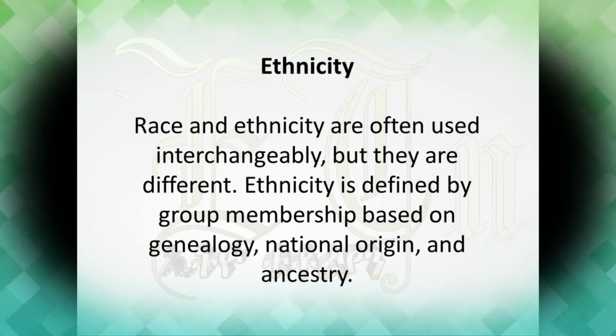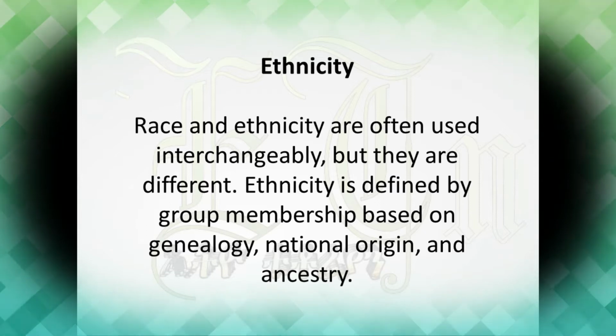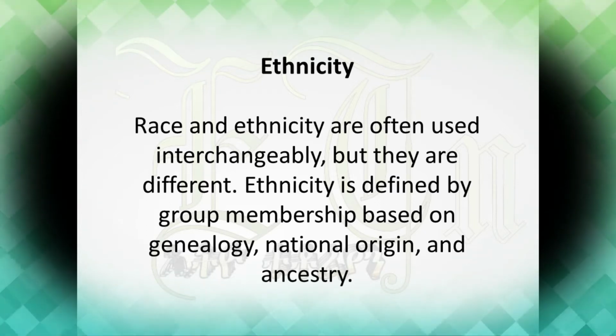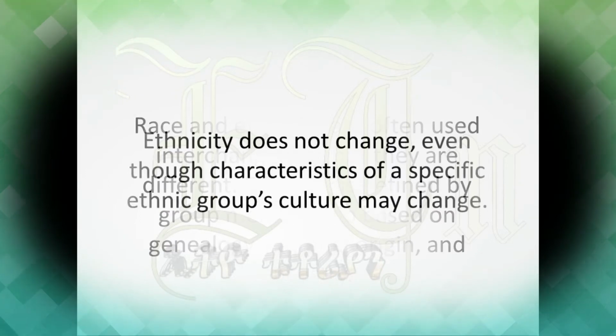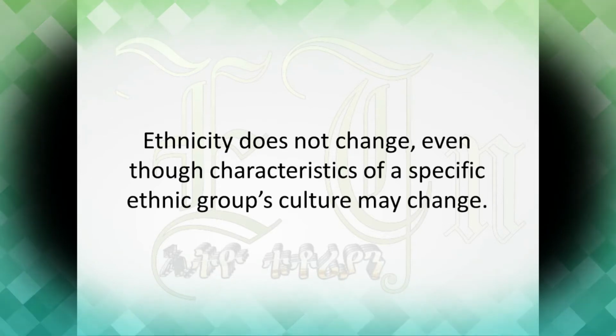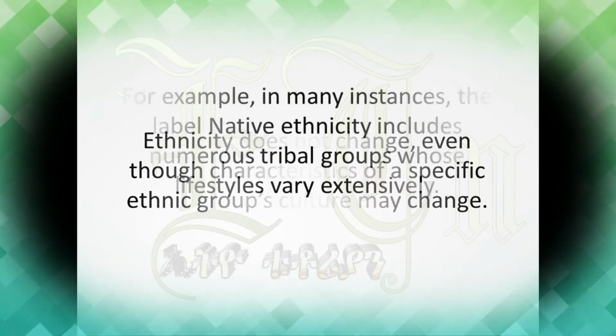Ethnicity. Race and ethnicity are often used interchangeably, but they are different. Ethnicity is defined by group membership based on genealogy, national origin, and ancestry. Ethnicity does not change, even though characteristics of a specific ethnic group's culture may change.